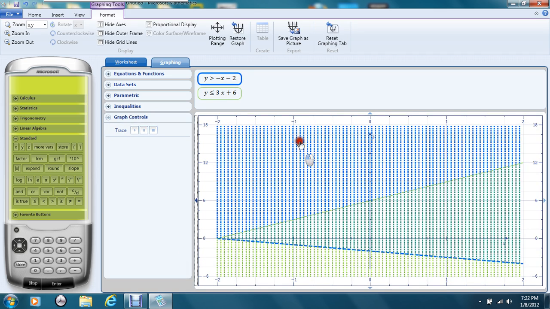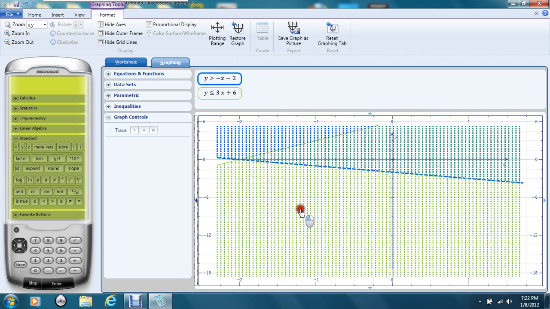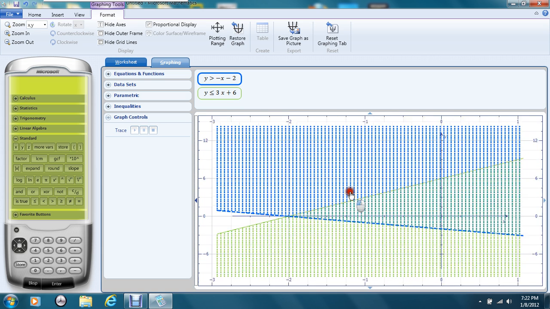I'm going to move this up a little bit so we can see it more. Here we can see this is the y-axis, and this is the x-axis. You can see that the blue dashed line is this equation up here. On the y-axis it's not real obvious, but that's the y-intercept of -2.